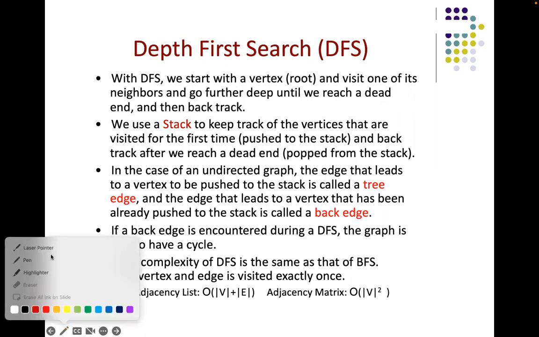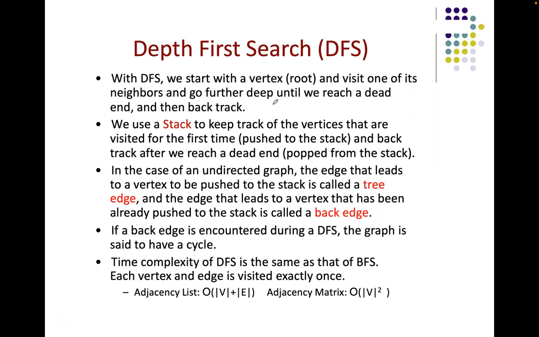Here we are going to start from a node, and from that node we will keep going until we cannot go anymore. We stop when we find a dead end, and from that point we start doing the backtracking, and we look for whether we can find an additional path to explore more nodes.